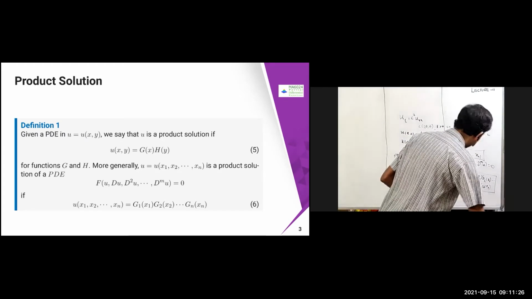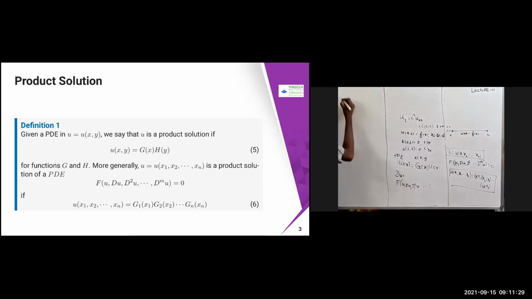So two concepts. One is that I have ut equal to c square uxx. This is the problem, and I have u of x comma 0 equal to f of x, where x belongs to 0 comma l and t greater than 0.